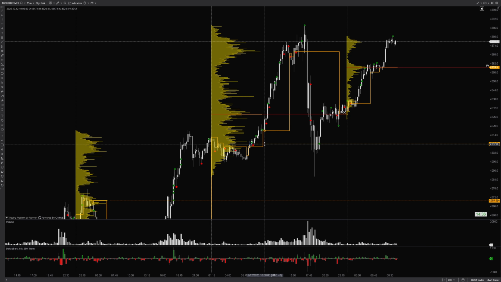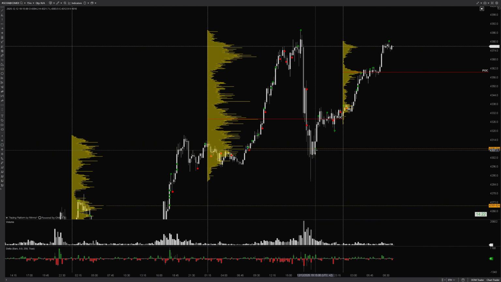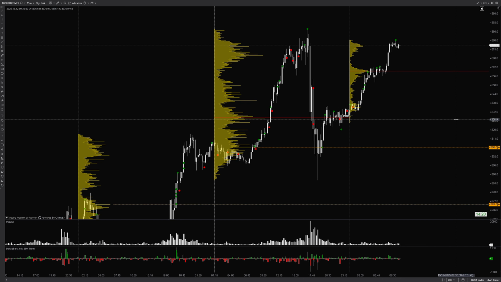So I'm keeping this level on based on the fact that price has been hanging around this level. Definitely here. I mean, these are 15-minute candles, so price has been hanging around here for like 1.5 hours. It's definitely very strong and then made that bullish movement.